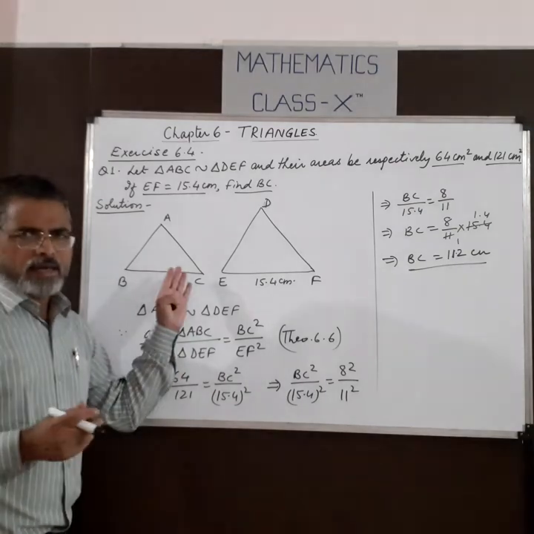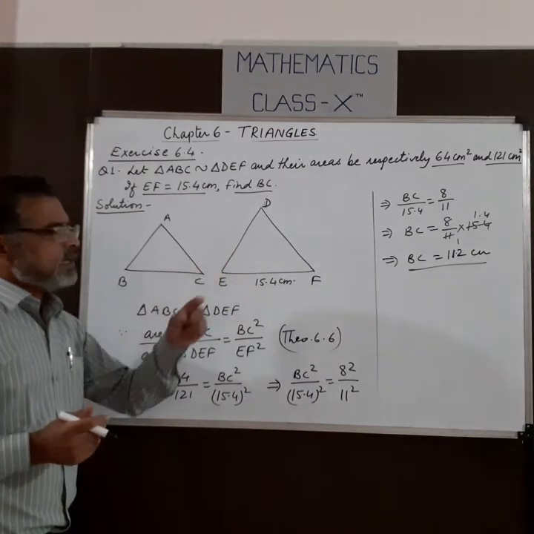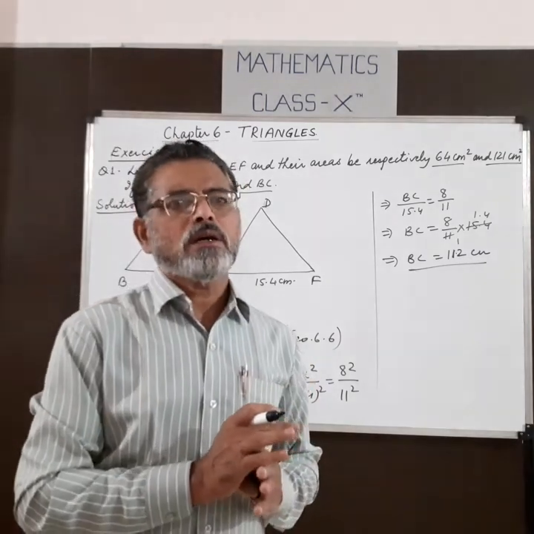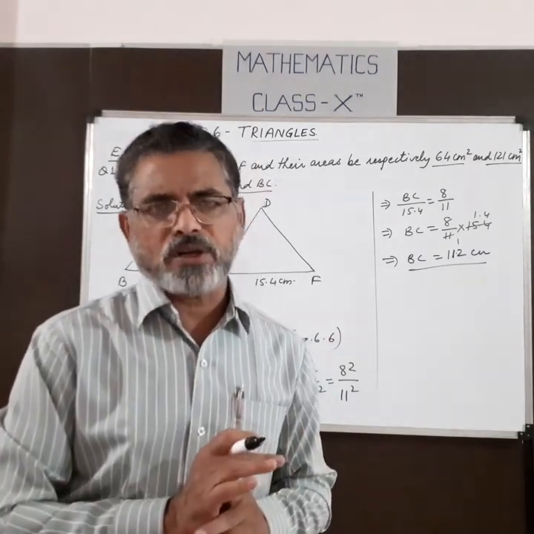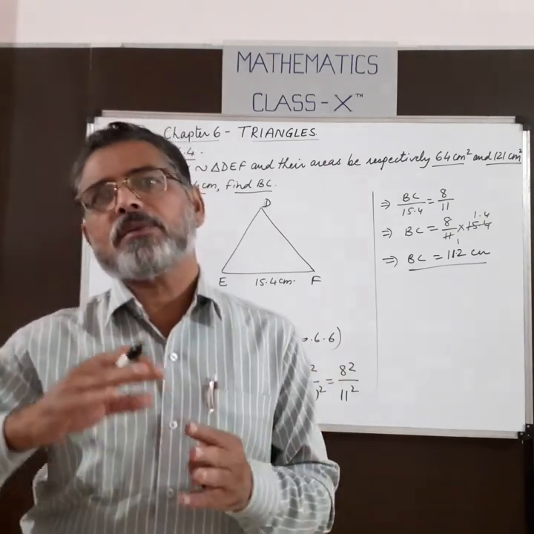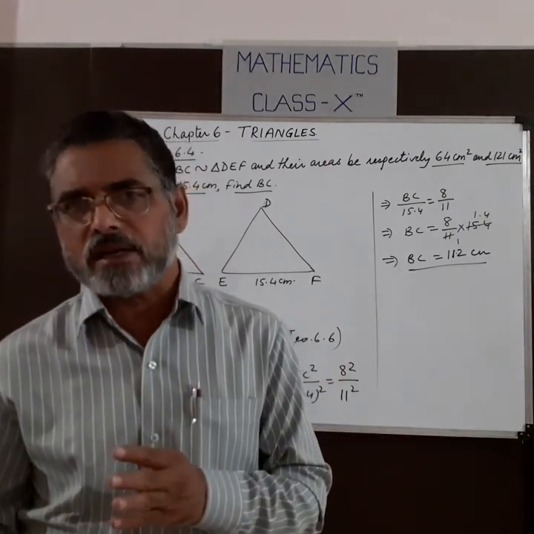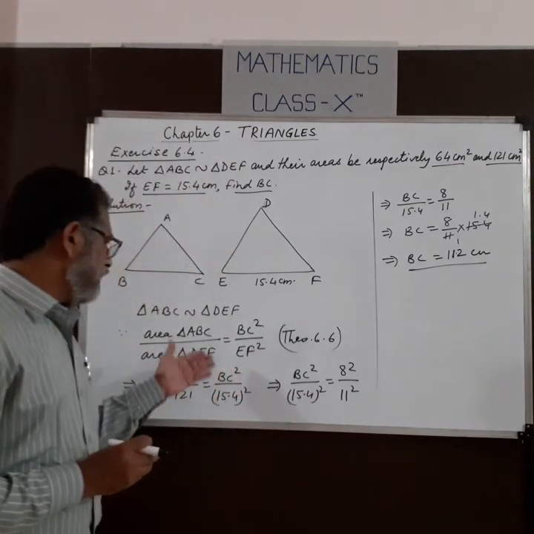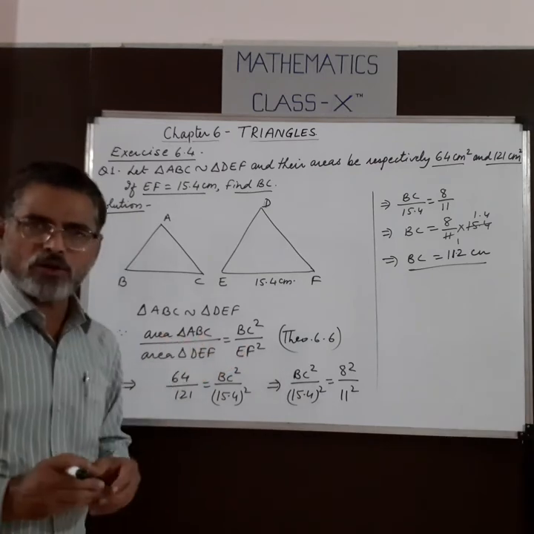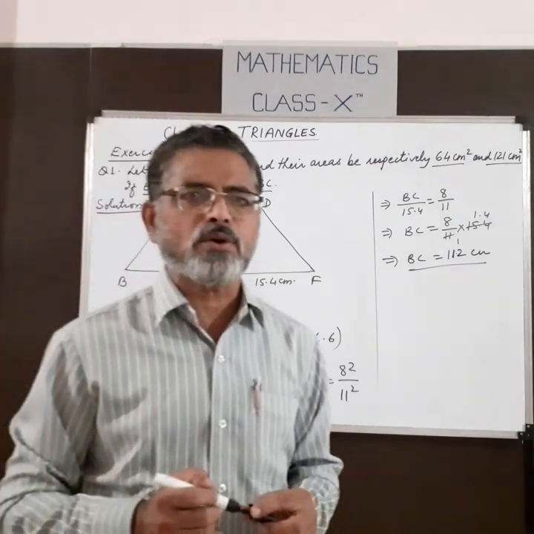In a question like this, if areas are given, we can get the ratio or the value of the corresponding side. Sometimes the corresponding sides are given and we have to find the ratio of their areas. So there one will be given and the other you will get. Here this was given so we got the unknown value. You will get many such questions.